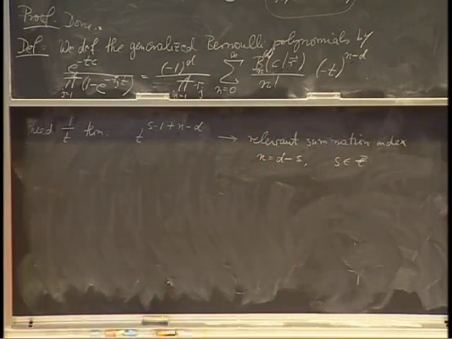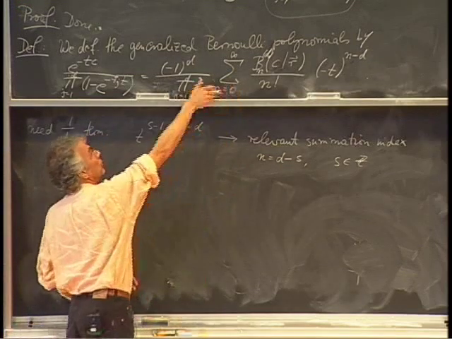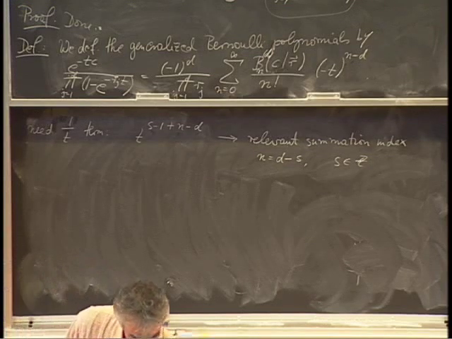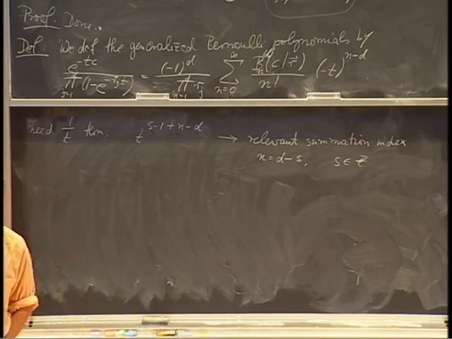So when s is an integer, the contributions are coming from this particular summation index. You collect all these factors, and you'll get residues and function values for the Barnes zeta function. Yeah, and that is what I plan to say about this one. Any question about Barnes?